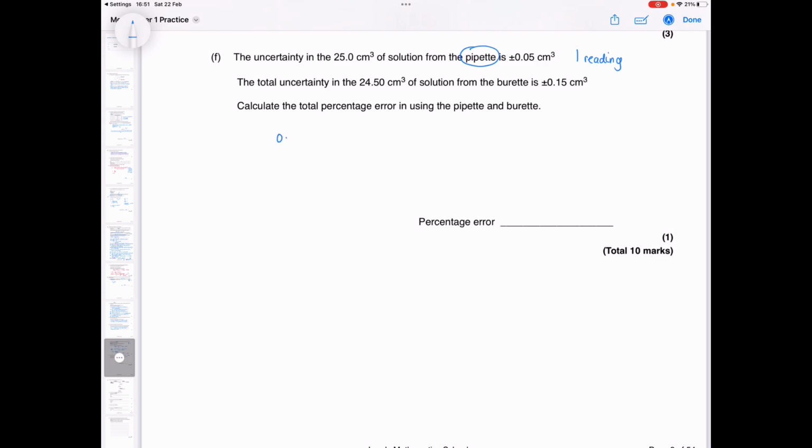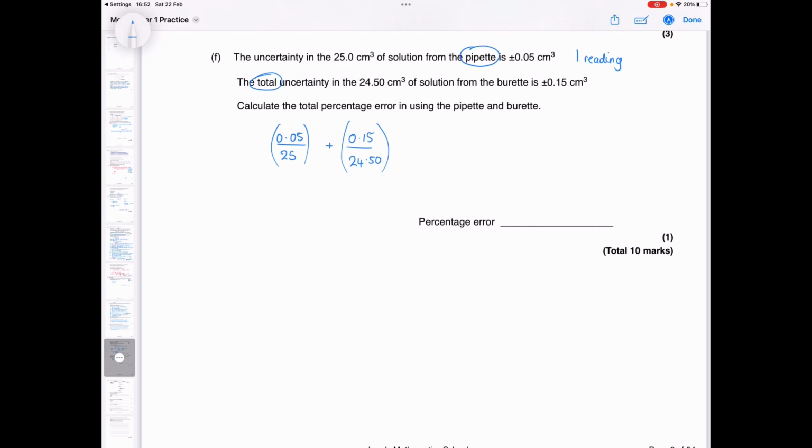So we've got 0.05 divided by 25 measured. That's the uncertainty from the pipette, which is the plus or minus 0.05 divided by 25. It tells us the total uncertainty for the burette. So we're taking into account both readings. So we need to add 0.15 divided by 24.50. So they're the uncertainties.